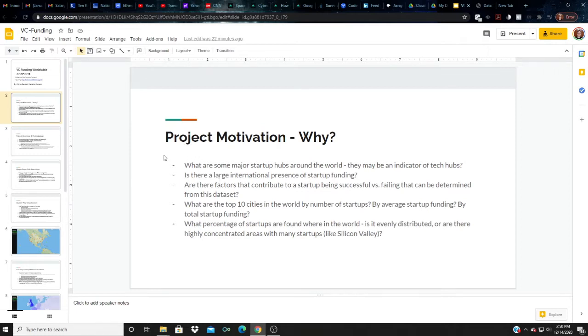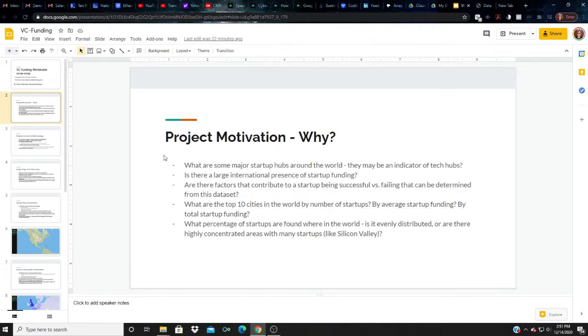Anyway, this data set looked useful for problems we might see or information we might actually encounter in the world. Some of the questions we had about what we could learn from it were: what are some major startup hubs around the world?